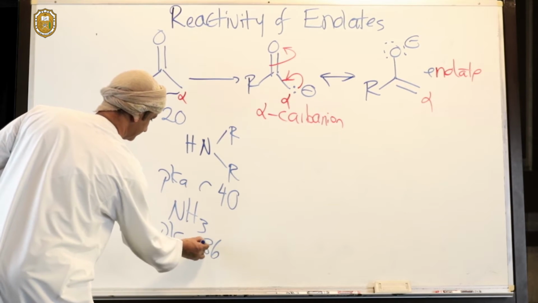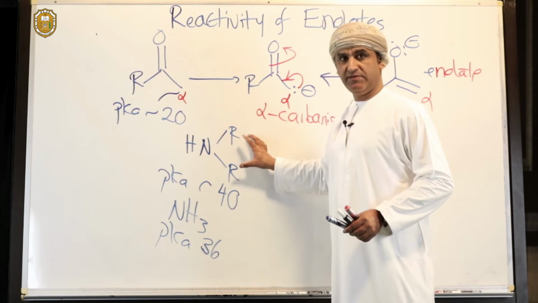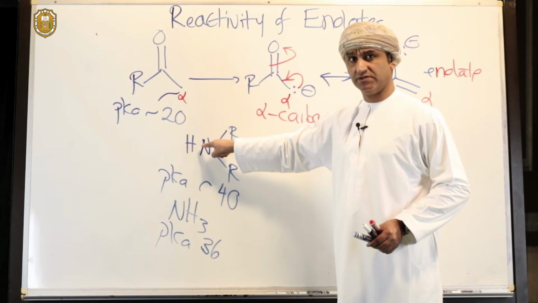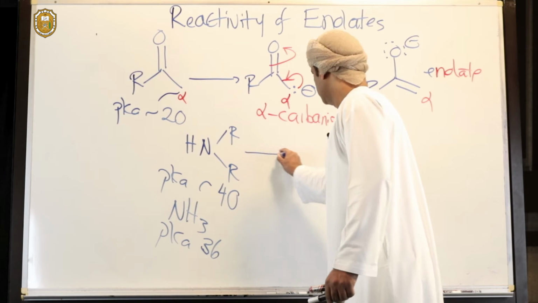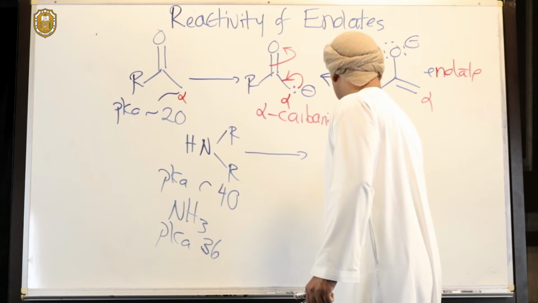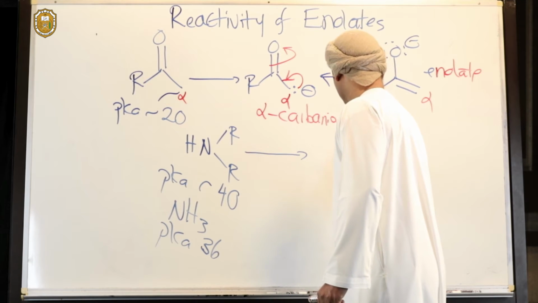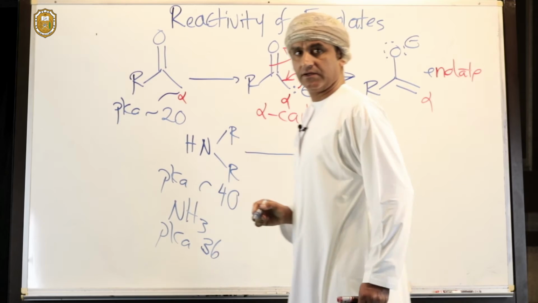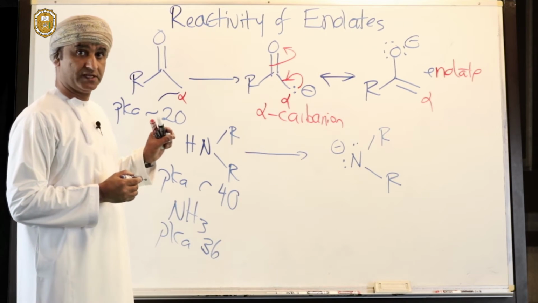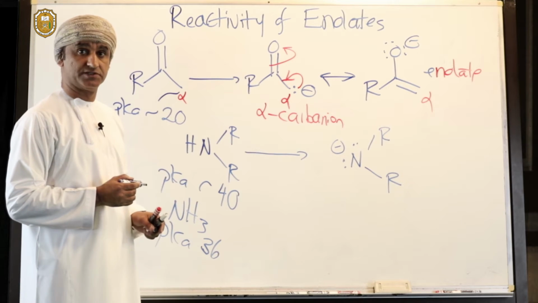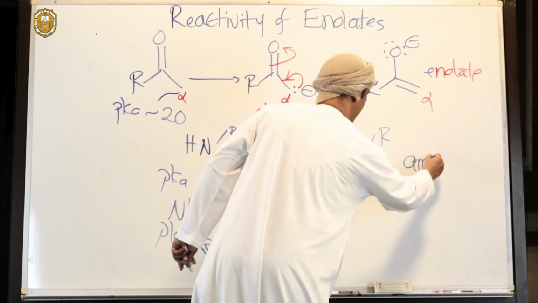Now, if amines lose that proton to a strong base, then the conjugate base of the amine is formed. If that hydrogen is removed with a suitable base, then that conjugate base of an amine is formed. So this is called an amide ion.